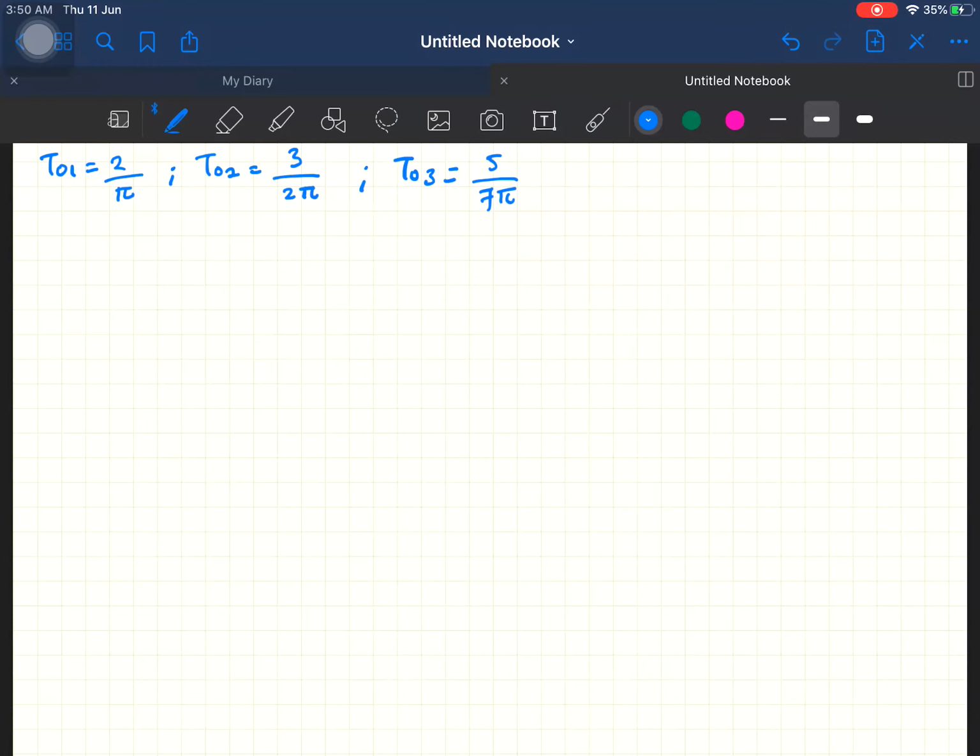You want to find the LCM of these 3 numbers, and they are not integers. There is an additional step that you have to do. Step 1, you have to make all numbers integers first. So how can you do this?